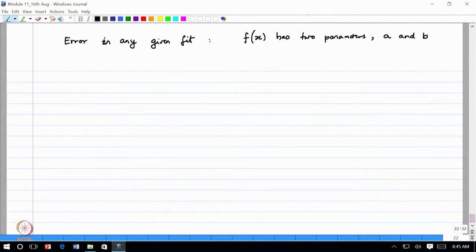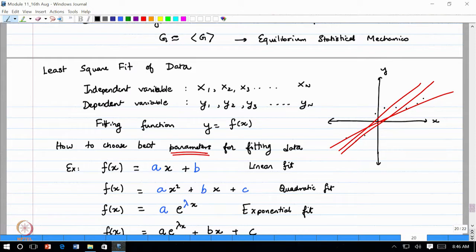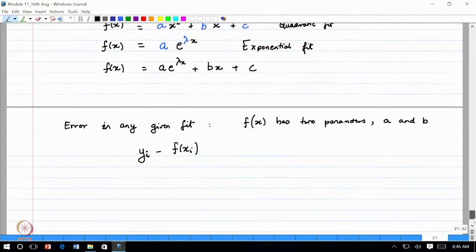In any fit you fix these 2 parameters, and you define the error. So, the error is y i, the value of y, minus f of x i. Here x i is the actual data point. So, what we have here is x 1 and y 1, and you are calculating y 1 minus f of x 1. Now, if it was a perfect fit, then this difference would be 0.